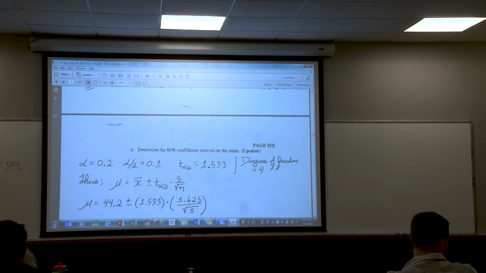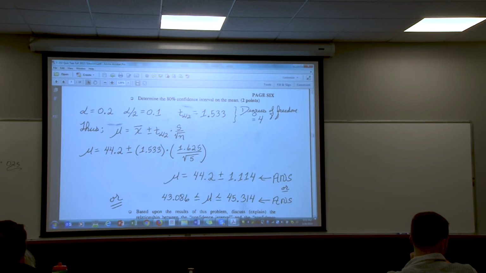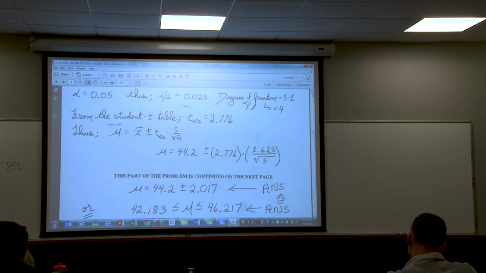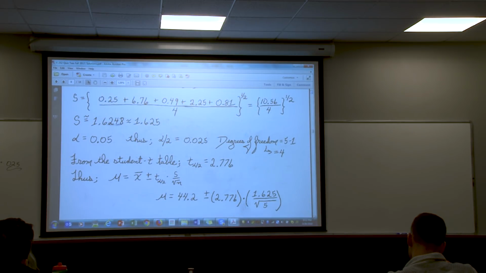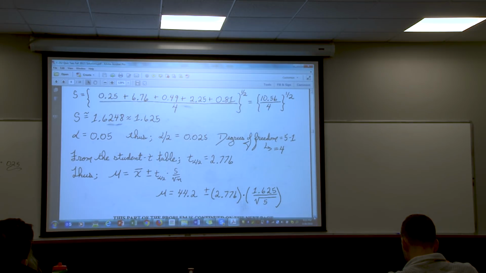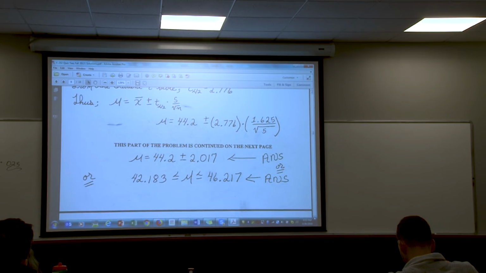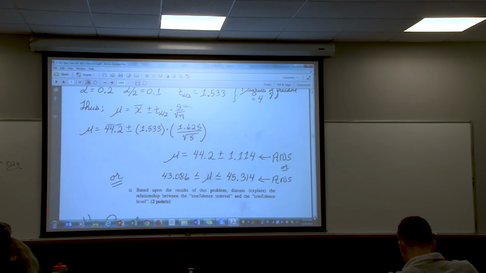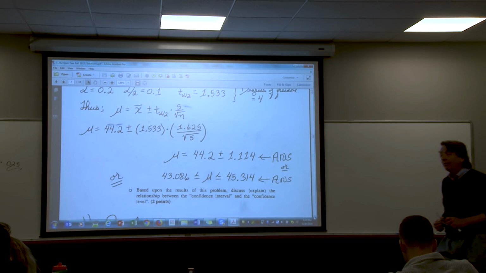If you wanted to be only 80% confident, you go from 43 to 45. So what do I notice? The confidence interval for 95% goes from 42 to 46, and it's bigger than the confidence interval for 80%, which is 43 to 45.